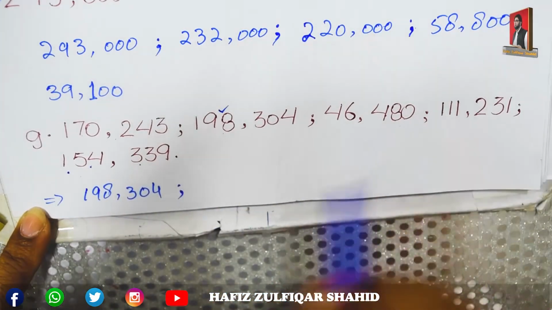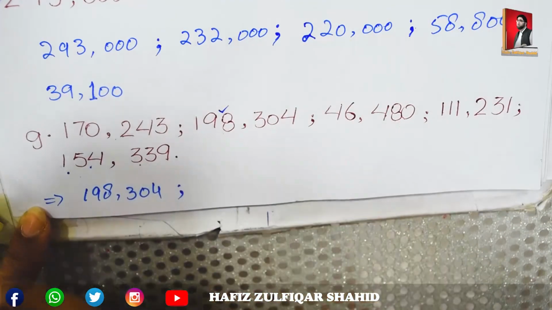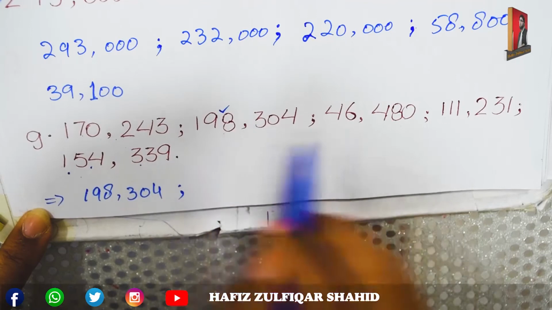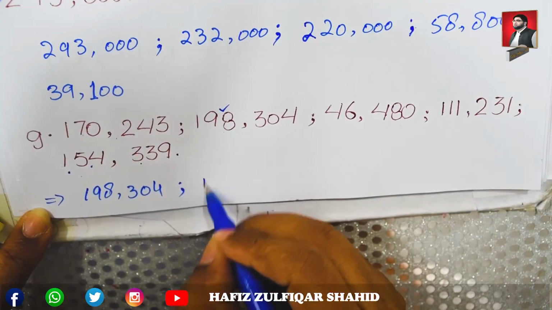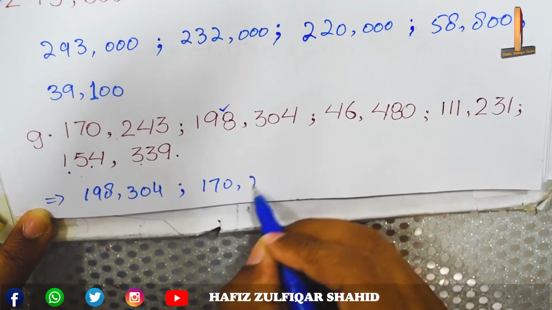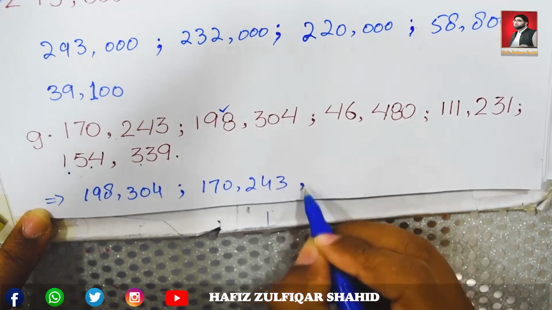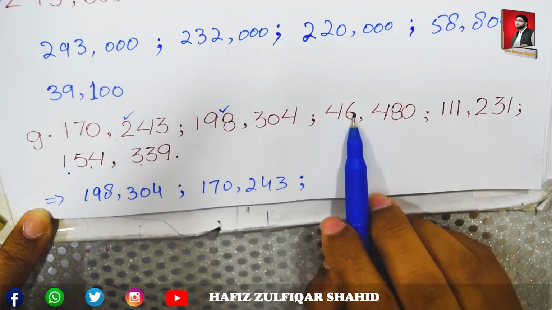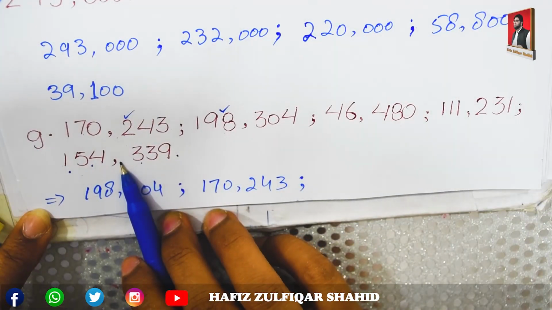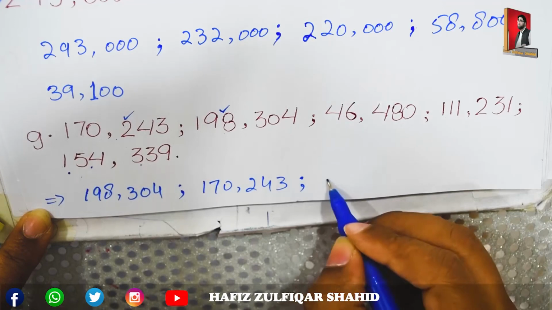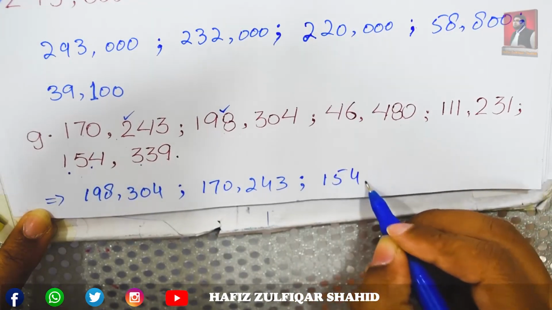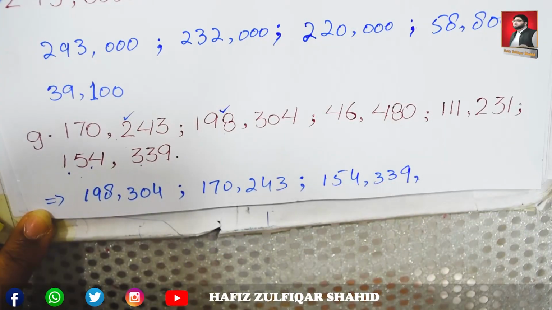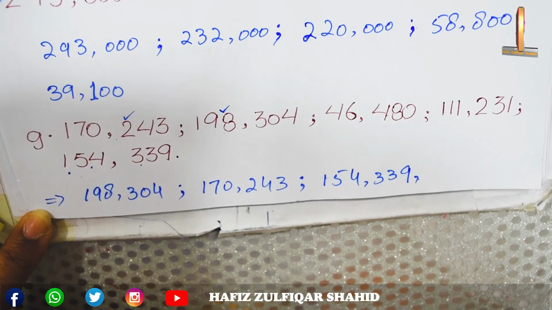Now compare the remaining 4 values, and we can see from these values 170 is largest. Now compare rest of 3 values, and we can see that 154,339,000 is the largest from these 3.